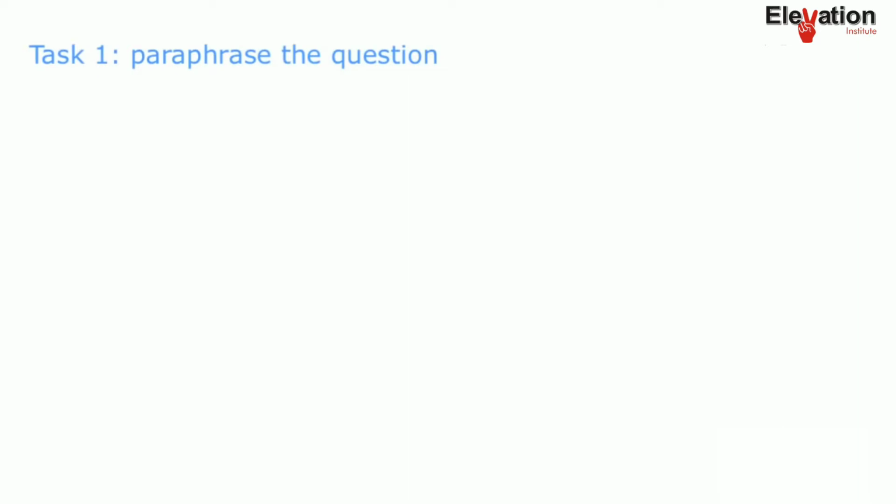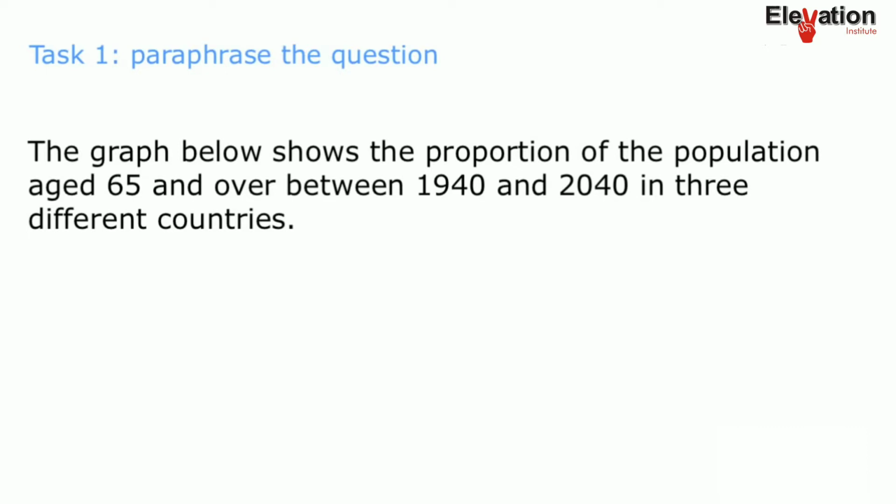Here's an example question. The graph below shows the proportion of the population aged 65 and over between 1940 and 2040 in 3 different countries. For my introduction, I just need to rewrite this question in my own way, changing a few words. So, firstly, I've changed the graph below shows to the line graph compares.